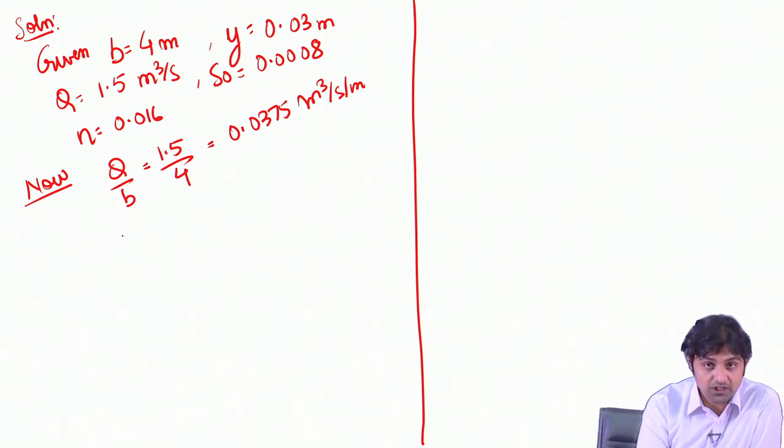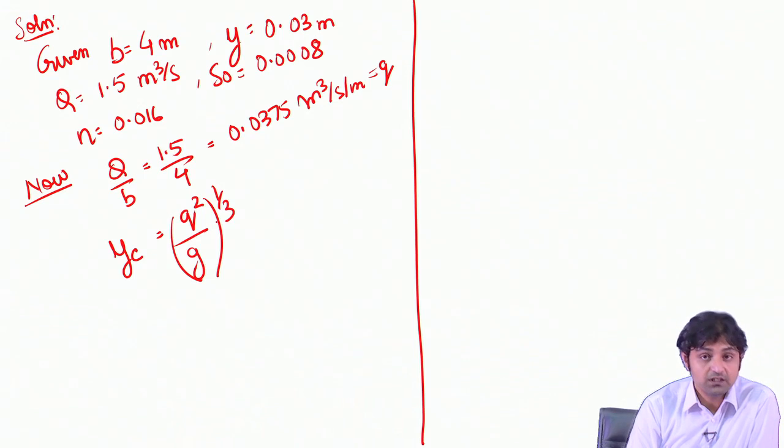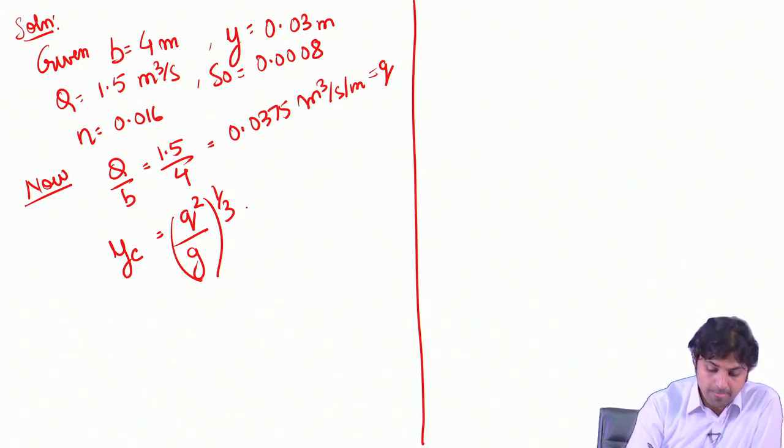So, you remember the way we calculated the critical depth, Yc was q square by g to the power 1 by 3, if you remember the formula from our lectures last week. All right.